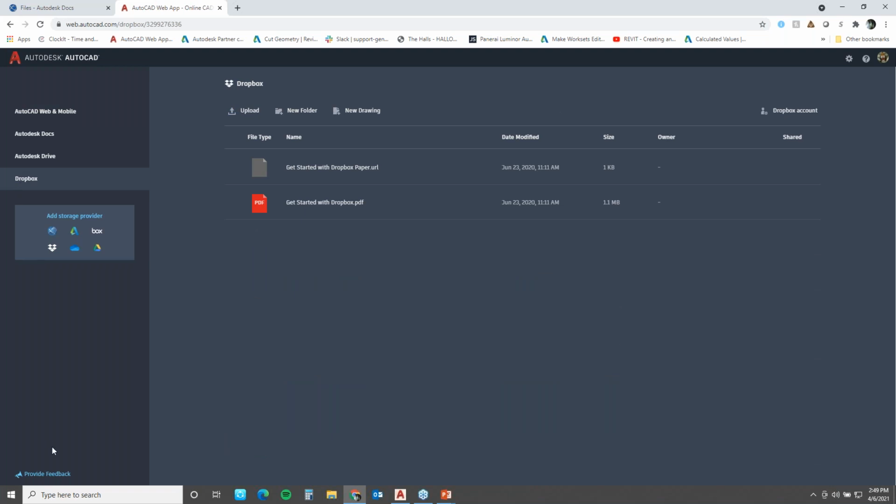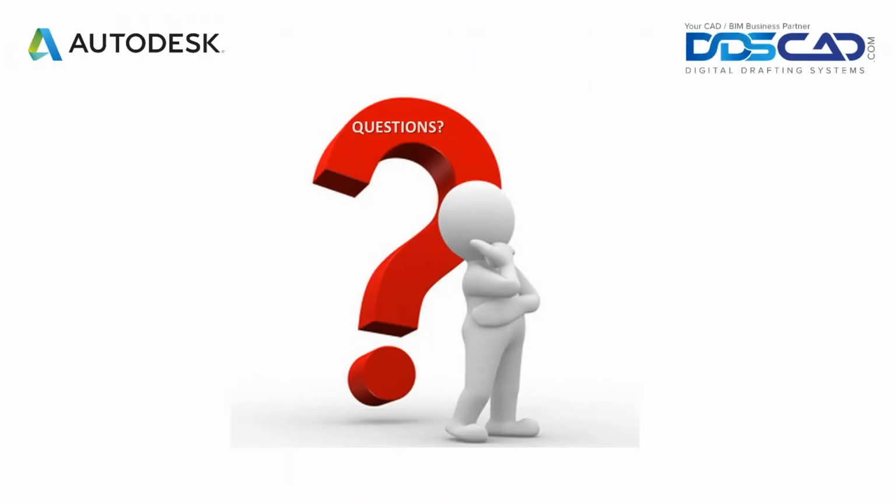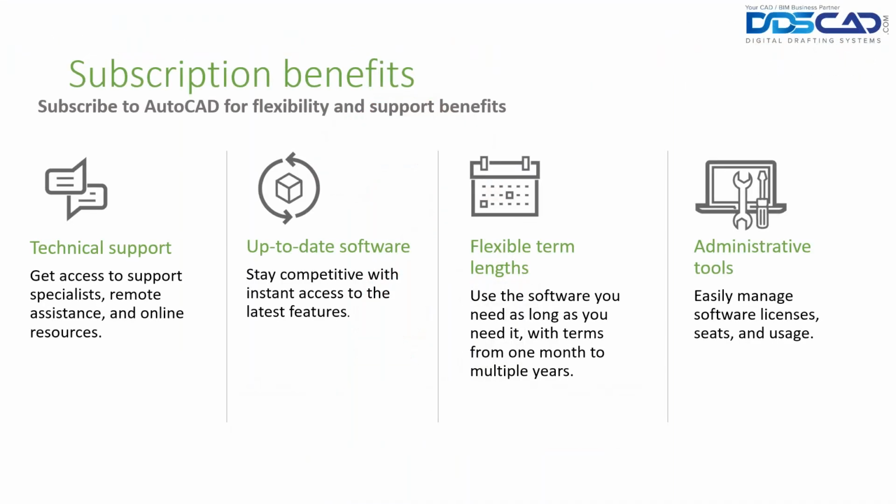Perfect. All right. Can I have you jump back to that PowerPoint, Jim? Absolutely. Okay, and let's go ahead and jump to that next slide. Perfect. So we just wanted to briefly touch here on some of the benefits of subscriptions. Keep your subscriptions up to date. Some of the benefits are great technical support, up-to-date software. For example, 2022 came out.